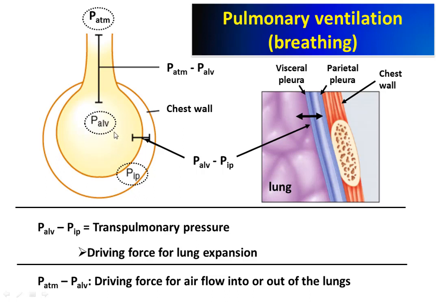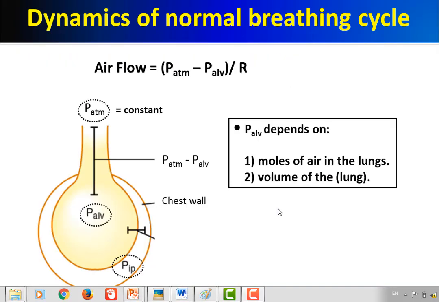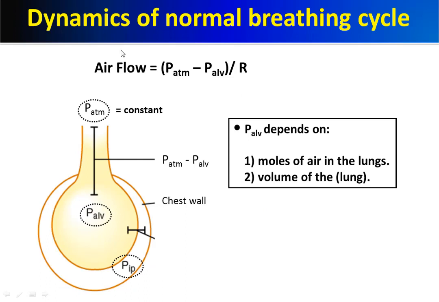And when the alveolar pressure is higher than the atmospheric pressure, air gets out from the alveoli into the atmosphere. So airflow is directly proportional to the pressure gradient between the atmospheric pressure, which is constant, and the alveolar pressure, and is inversely proportional to the resistance of the airways to the flow of air.